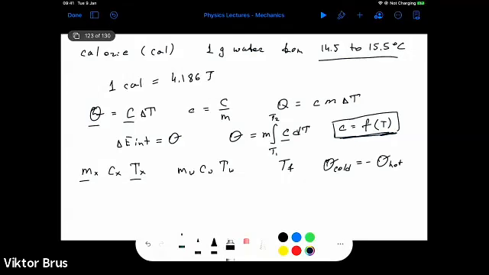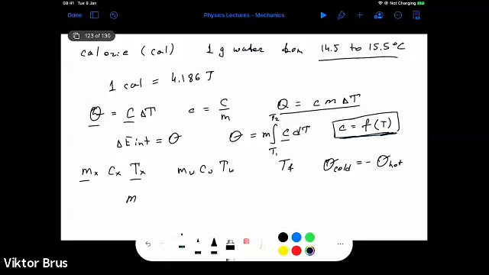So for this case, assuming that we already know the relationship between energy and specific heat capacity, mass, and change in temperature, we can write such an equation.